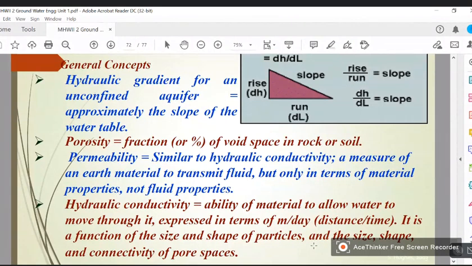Gallons per day will be transmissivity, so that's not correct for conductivity. Only meters per day or centimeters per second or anything like that. So velocity units. It is a function of the size and shape of the particles and the size, shape and connectivity of the pore spaces. So all these three things are involved.